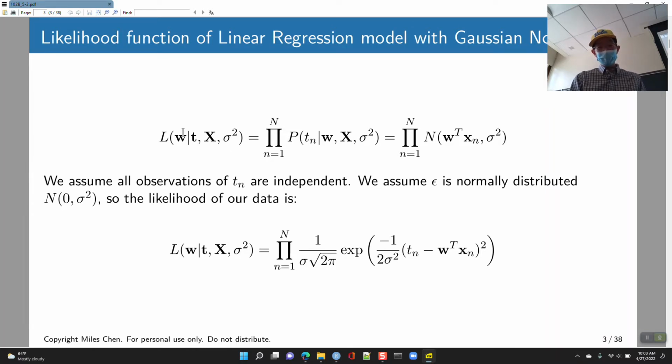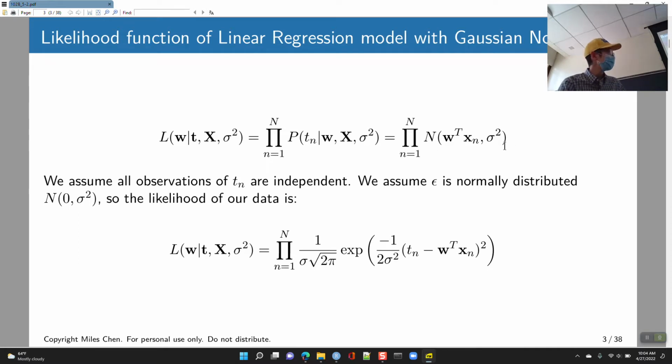If we treat every observation as independent, we can say it's the product of all of these probabilities. And if we assume the observations have normally distributed noise, the predicted values, the true relationship, fall along this linear relationship, W transpose X, and then there's some random noise, sigma squared, that determines where the actual observed value is.